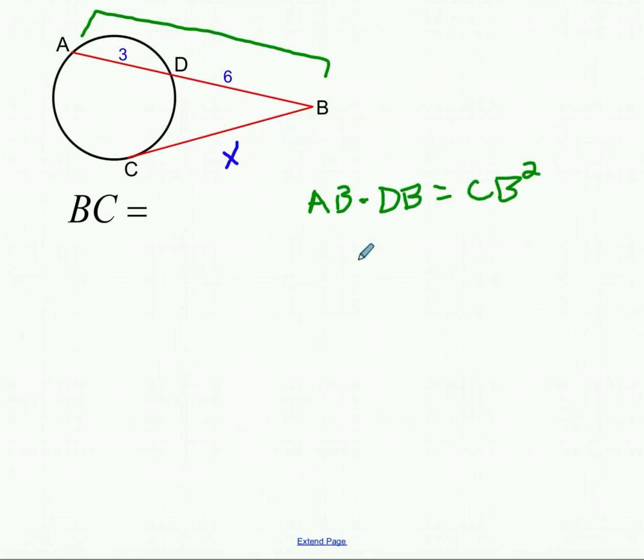I could write it as BC as well. And now I just need to plug in the values for this. AB is 3 plus 6, which is 9. DB is 6. And that will equal what we have called x squared.